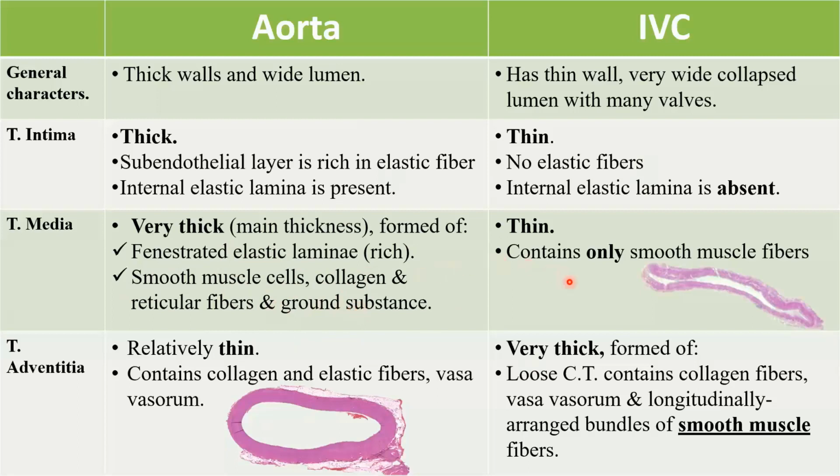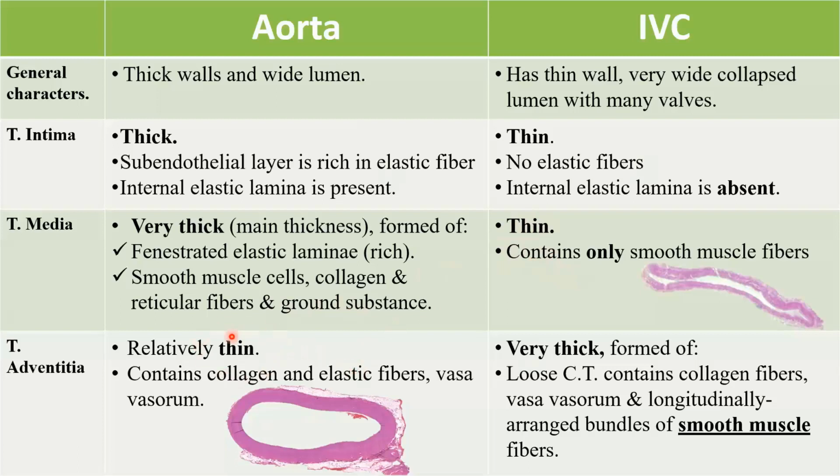On the other hand, inferior vena cava has thin media, and this media is only formed of smooth muscle fibers. It may contain some collagen fibers, but there is complete absence of elastic fibers. No elastic fibers are present in the media of inferior vena cava. The third layer of the wall is the tunica adventitia.